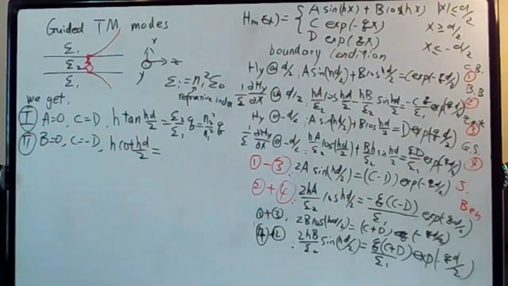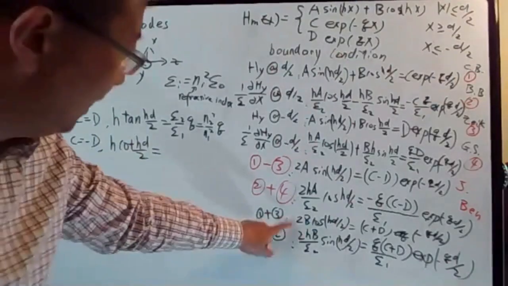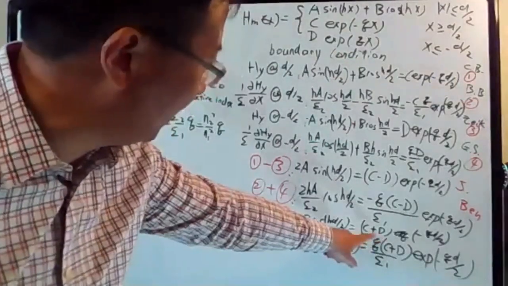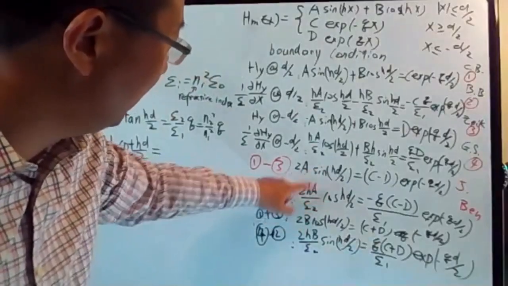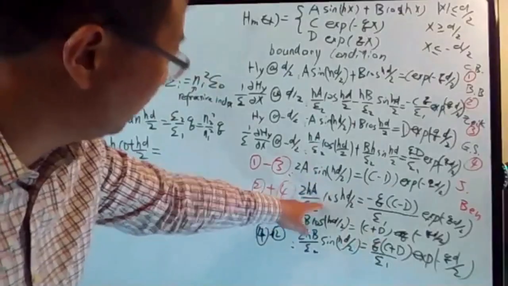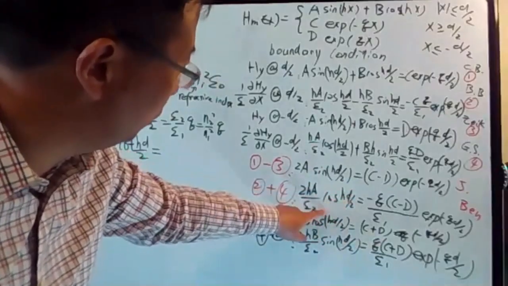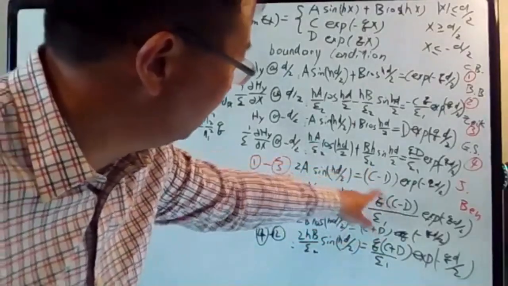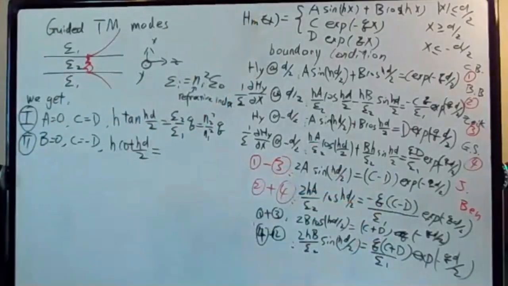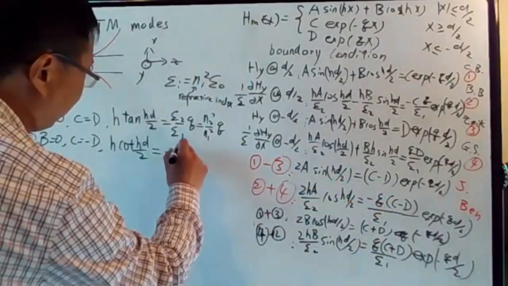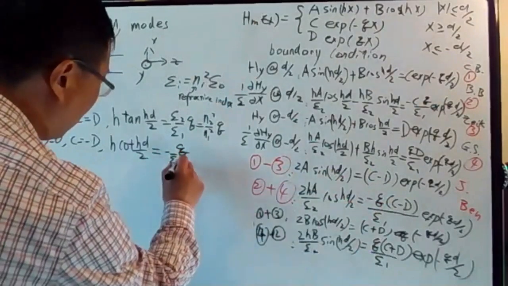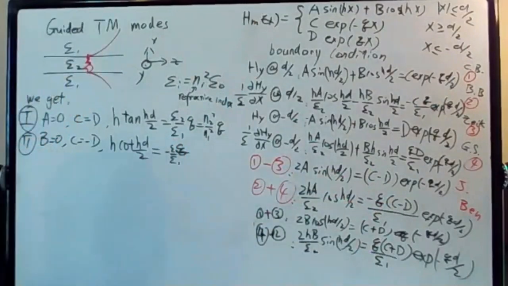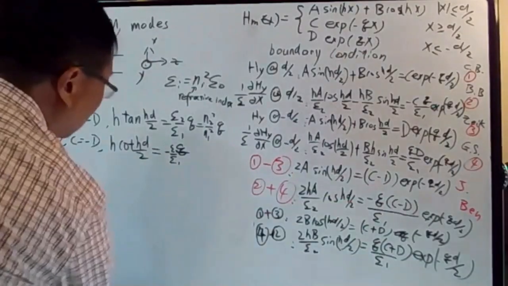So let's take a cotangent. It's going to be H cotangent HD over 2 equals negative Q, and we have epsilon 1, epsilon 2. Let me write it more clearly.